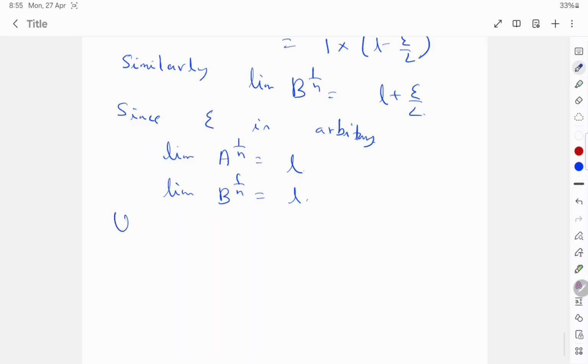So using the sandwich theorem, you can say limit un whole to the power 1 by n is your L. So in this way you can prove the remaining part.